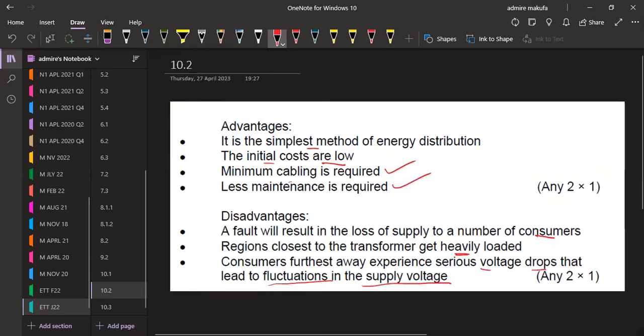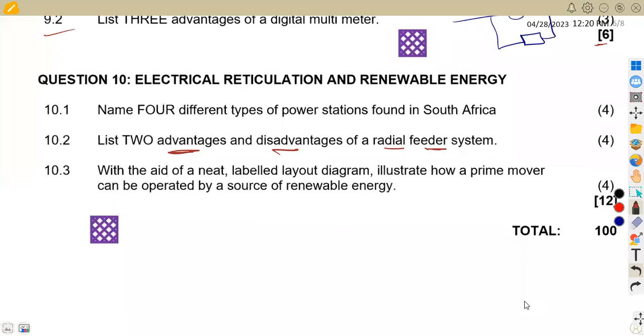So this can be a very big disadvantage in the radial feeder system, meaning it has disadvantages and advantages at the same time. So that was required. Then 10.3: with the aid of a neat labeled layout diagram, illustrate how a prime mover can be operated by a source of renewable energy. In this case, that is 4 marks.